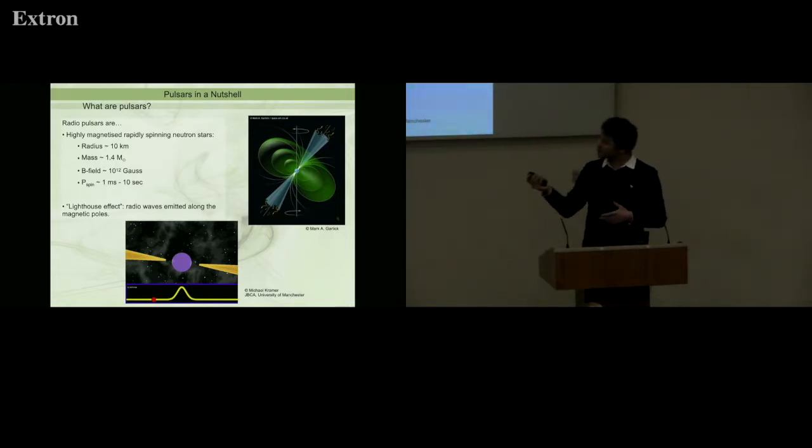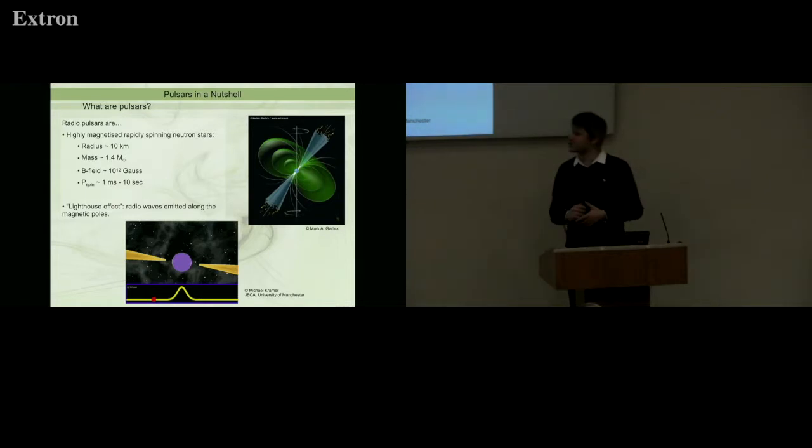The fastest ones spin much faster than, say, your kitchen blender. And if you're a Formula One amateur, you should probably know that the typical RPM of a Formula One car is something like 30 or 40,000 RPM, or even less. And so pulsars actually spin faster even than Formula One engines.